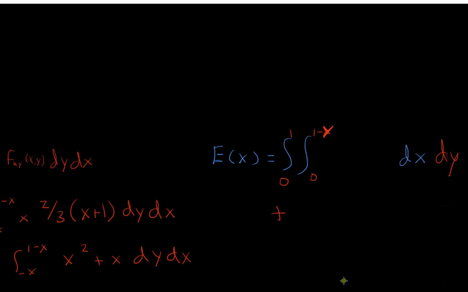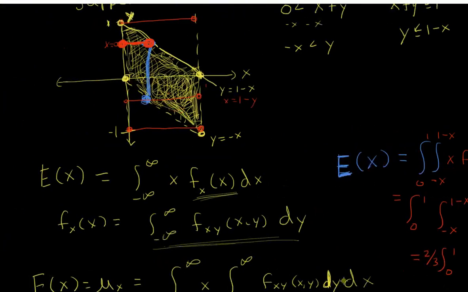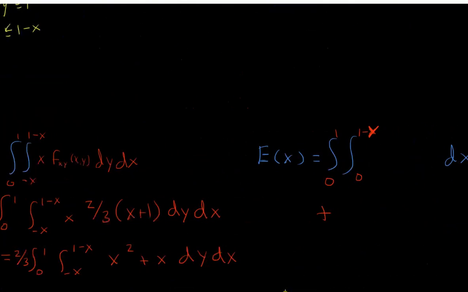Now I need to add that to the bottom piece. So when y is between -1 and 0, what's x? X is between these two. If I write this with regards to x, basically multiply both sides by negative, so x is between -y and 1.